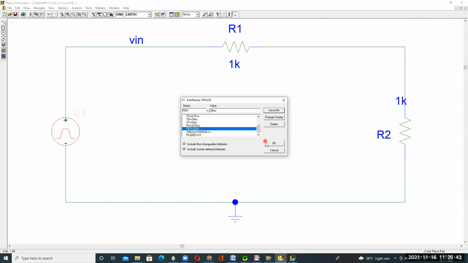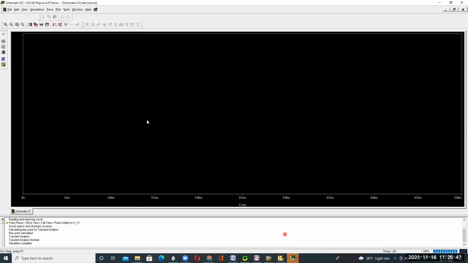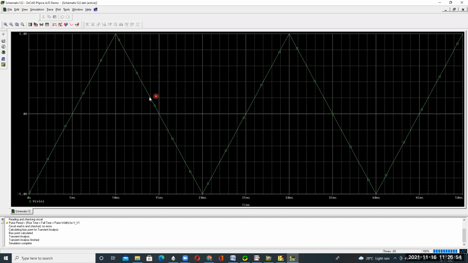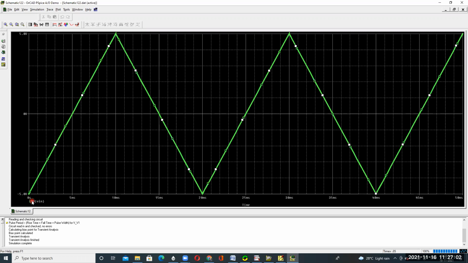Run again and take V in. So the triangular waveform is generated by using PSpice, from 0 to 20 milliseconds.